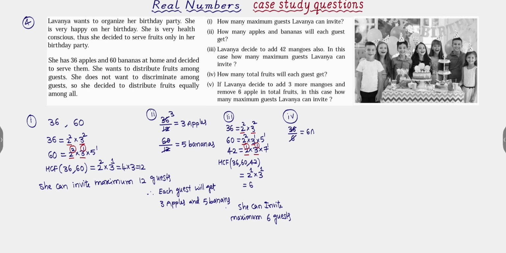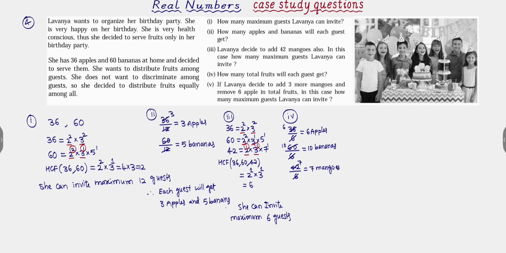So 6 apples. 60 bananas, so 60 divided by 6, 10 bananas each one will get. Next, 42 by 6: 6 ones are 6, 6 sevens are 42. So each guest will get 7 mangoes.